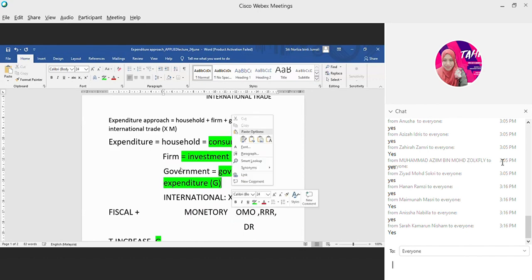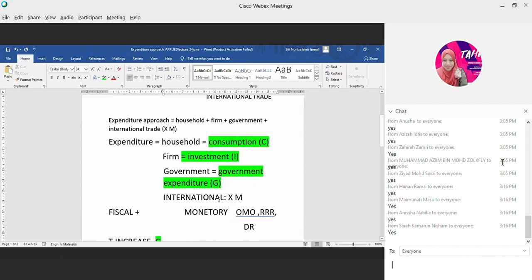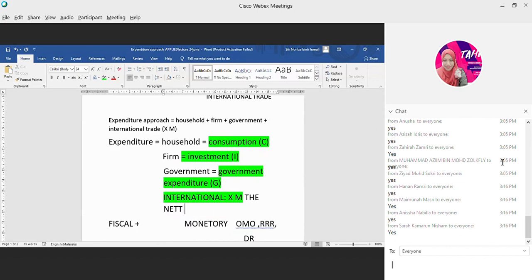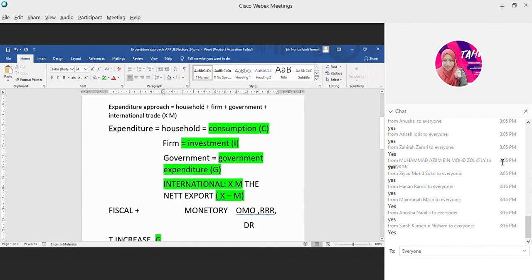To calculate the total expenditure for international trade, we calculate the net export, which equals X minus M. You should understand this because we are going to use it again and again when we analyze the factors that shift AD to the left or to the right.